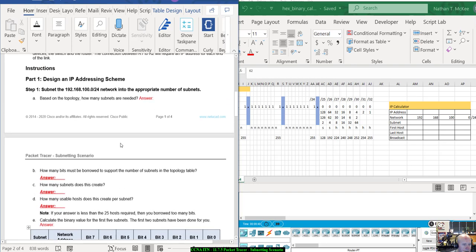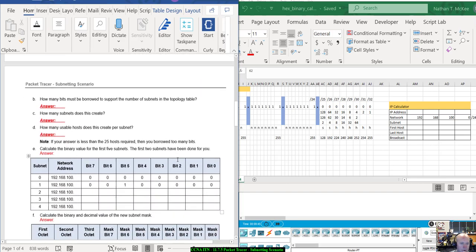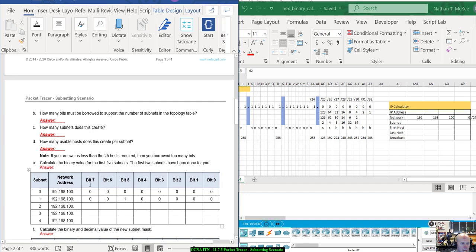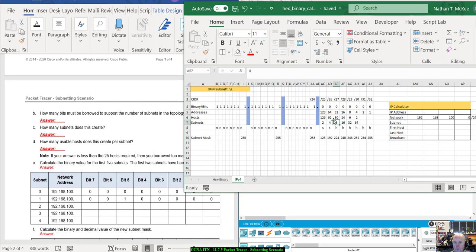Let me look back at this. How many bits must be borrowed to support the number of subnets in the topology table? Just looking at this, I can tell that they're going to borrow 3 bits, so really they're going to have 8 subnets with 30 hosts per subnet.